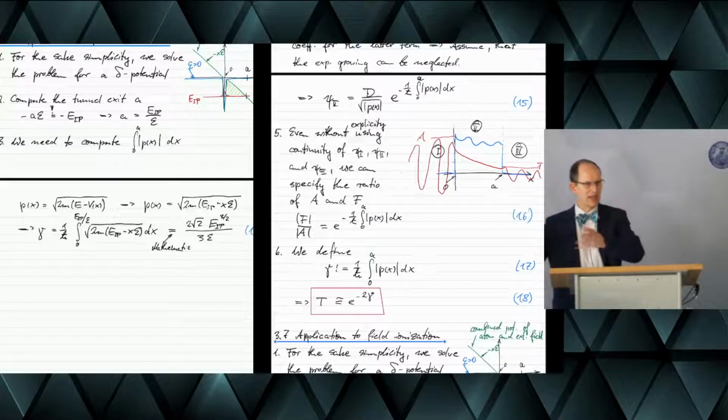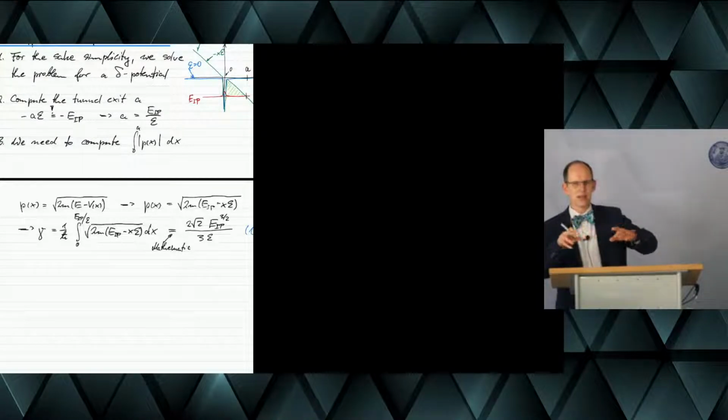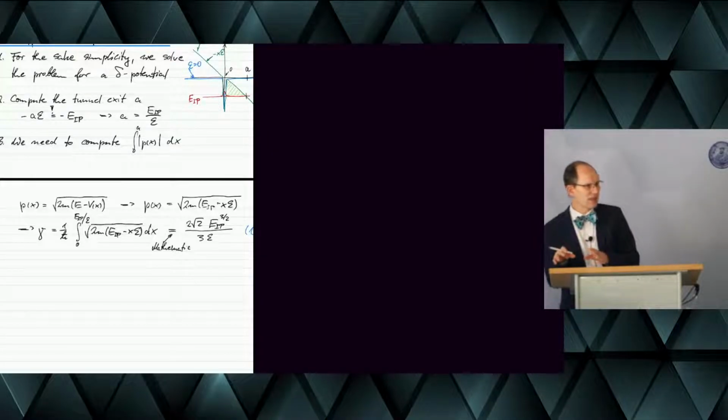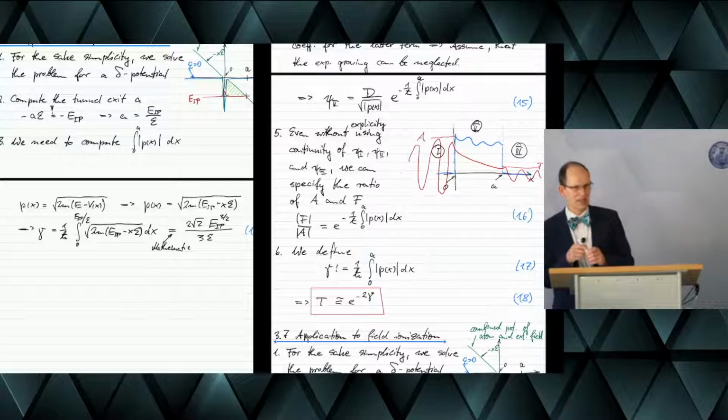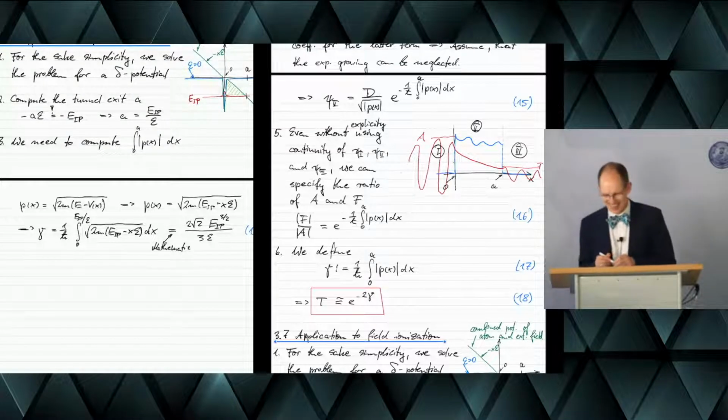Whenever I'm tired of SI units, I just use atomic units, as long as we derive something and all these prefactors are not so disturbing. But as soon as I have to calculate something, I just throw them away.